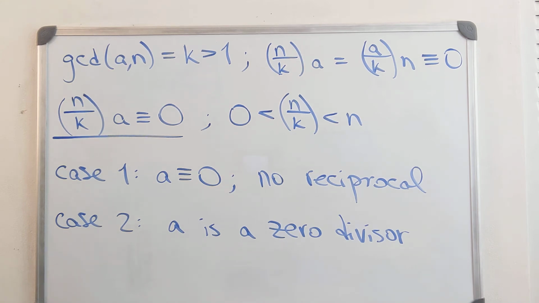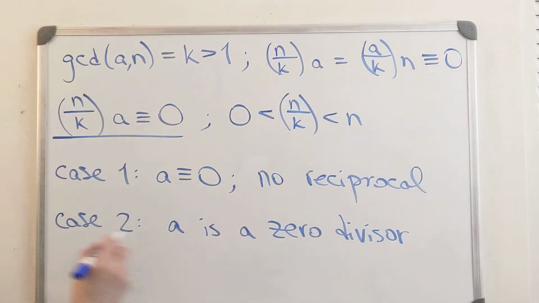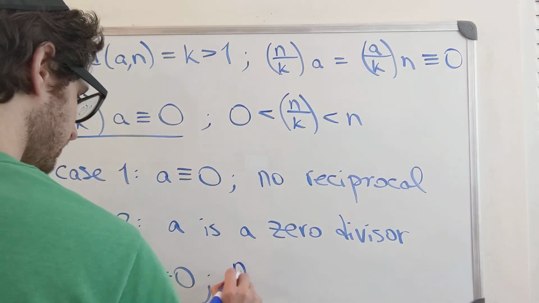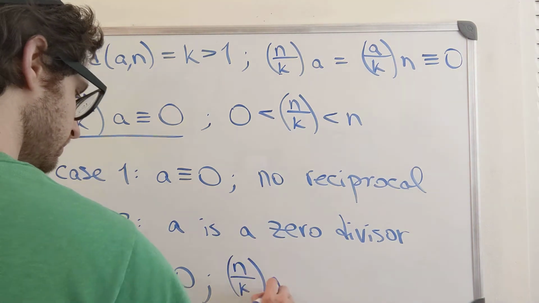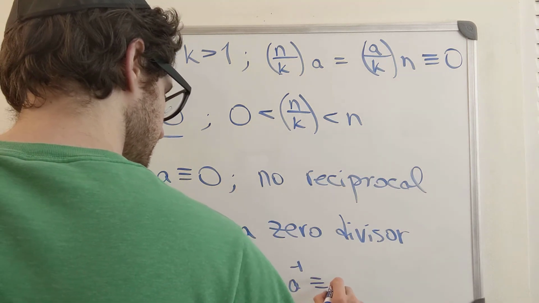After all, I'll rewrite this as a times n over k equals 0. If a did have a reciprocal, and I'm realizing now that maybe I didn't even need to do two cases, then I could multiply on the right by that reciprocal. A inverse would still be 0.